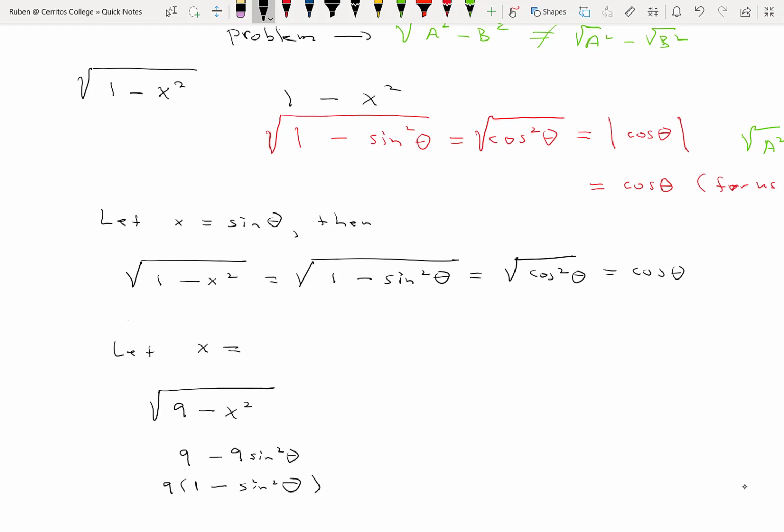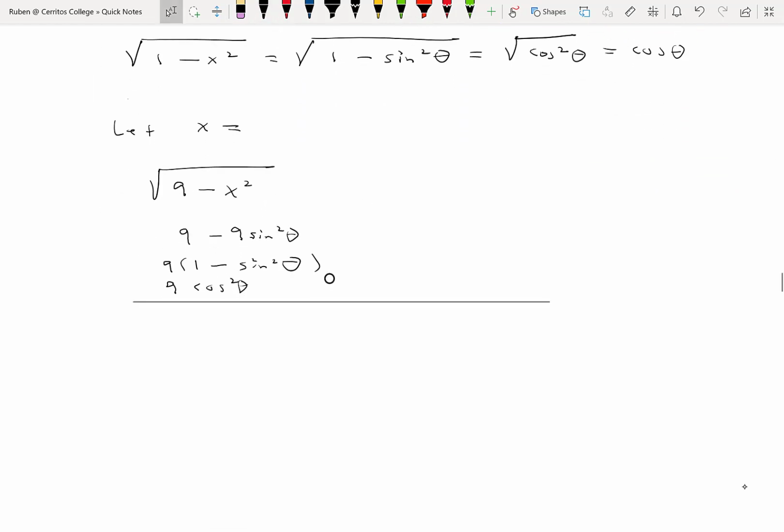So if I can make a substitution that would give me x squared equal 9 sine squared, then I'll be able to factor out the 9. I'll have 9 times 1 minus sine squared, which is 9 cosine squared, and the minus is gone. So in order to do that, I'm going to need to make the substitution x equals not 9 sine theta, but 3 sine theta.